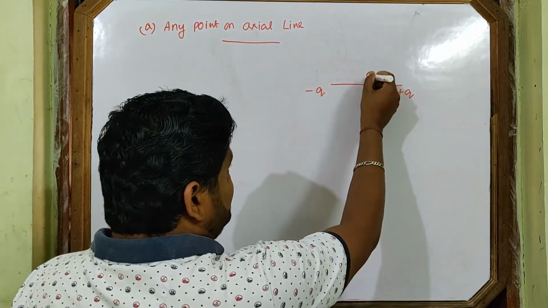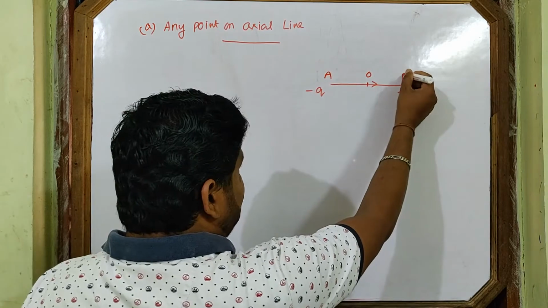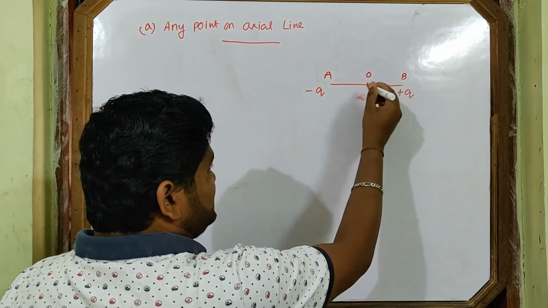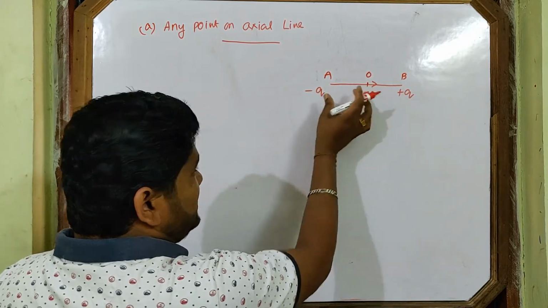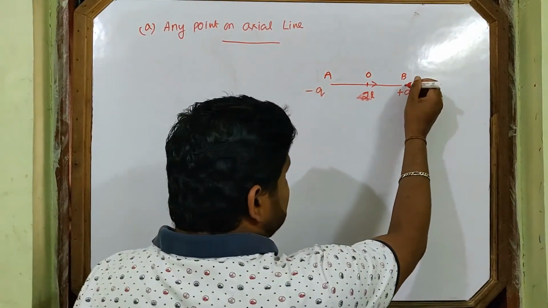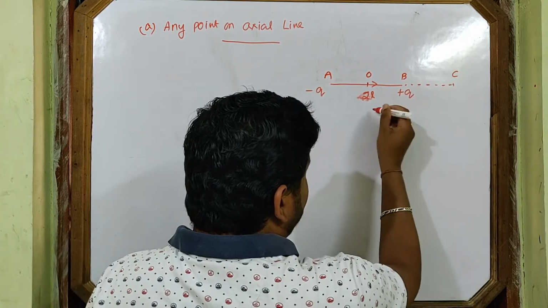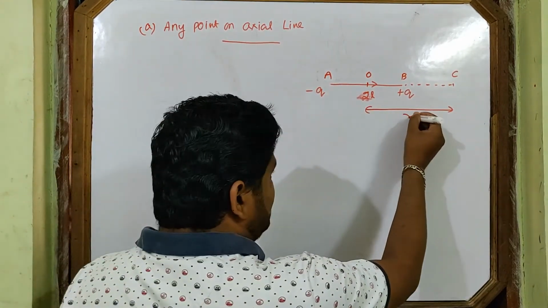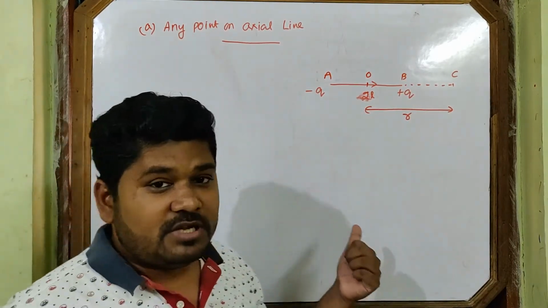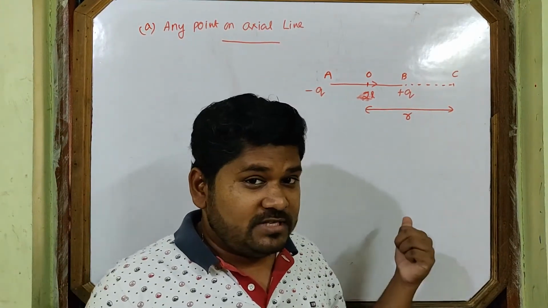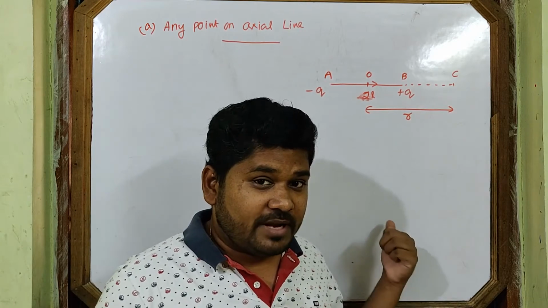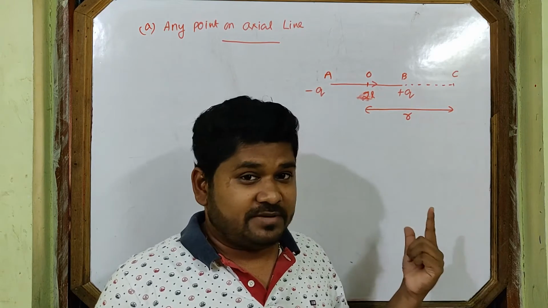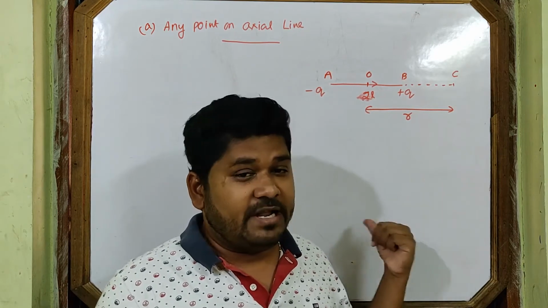This is the center of the dipole, O. This point is A, this point is B, and the dipole length is 2L, so this half is L and this half is L. C is any point on the axial line at a distance R from the center of the dipole. All these assumptions we took while calculating intensity in the first chapter; I am just repeating them.